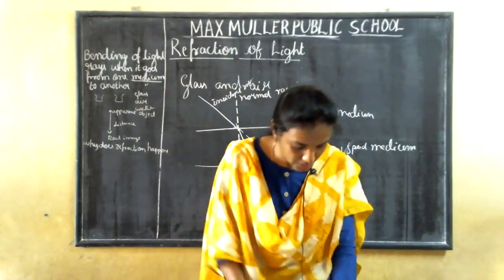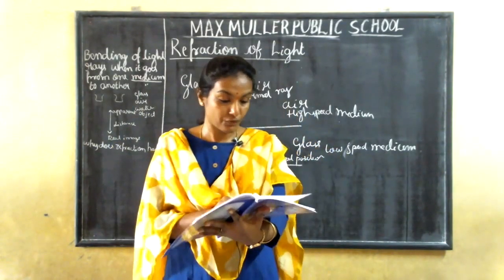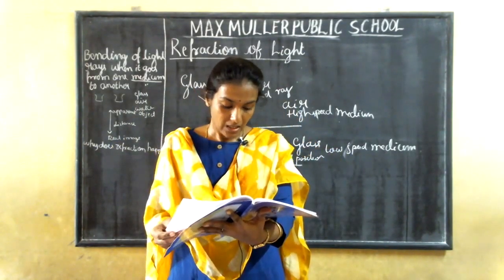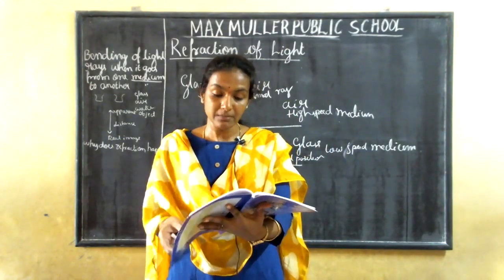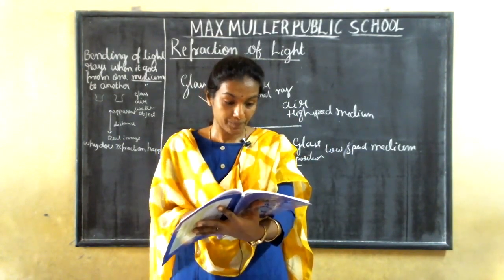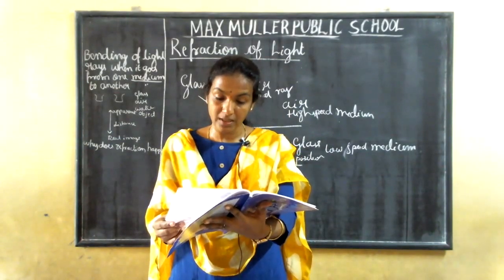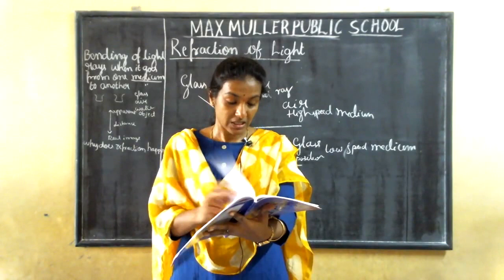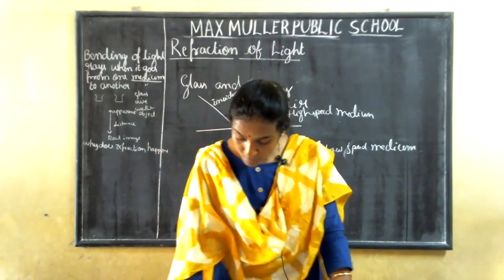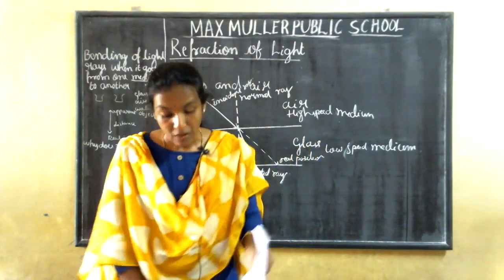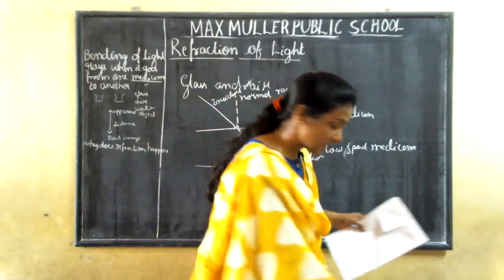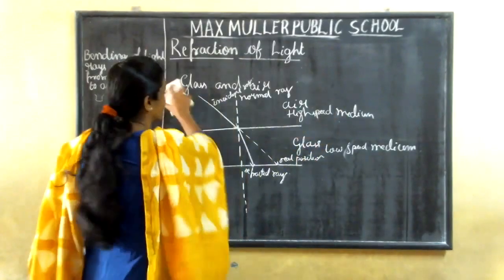This is about the refraction of light. Now it is bending means how much it bends. Now I'm saying it is going to bend, no? How much? You have to study that, how much it is bending. For that, you need to study the laws of refraction.